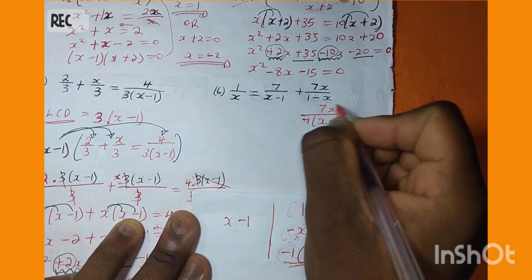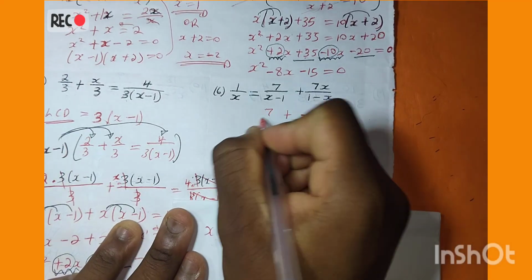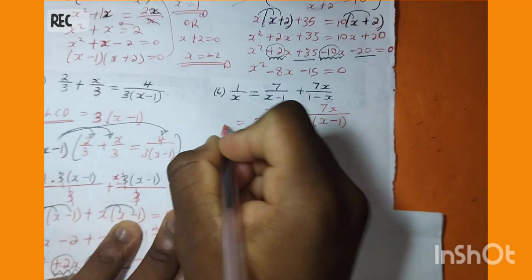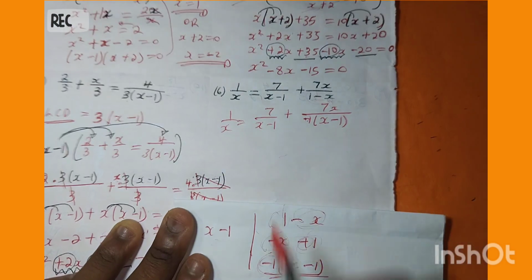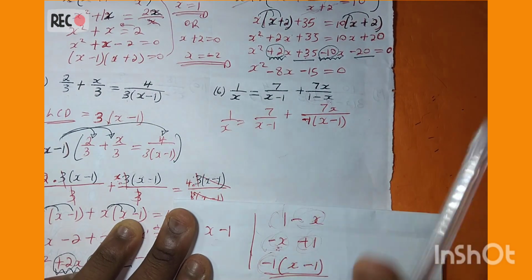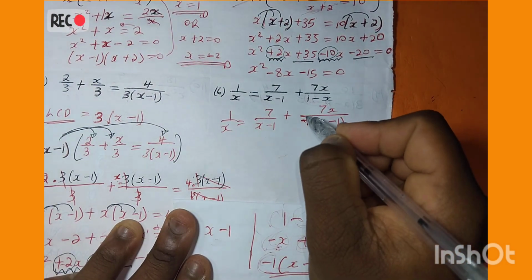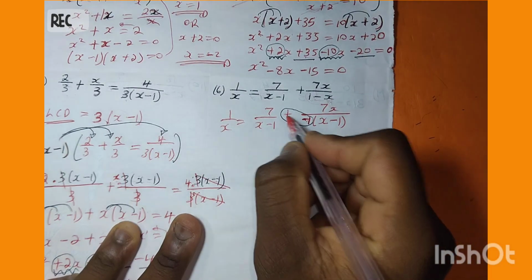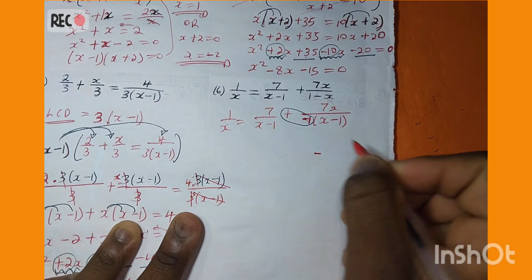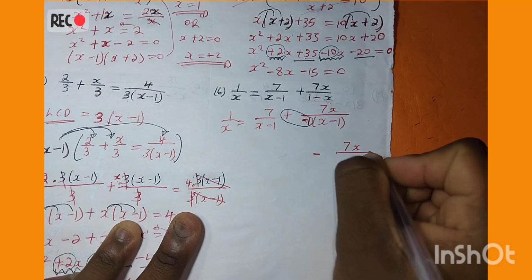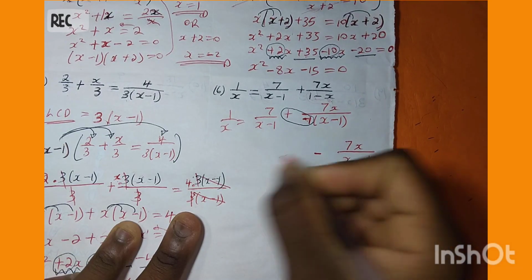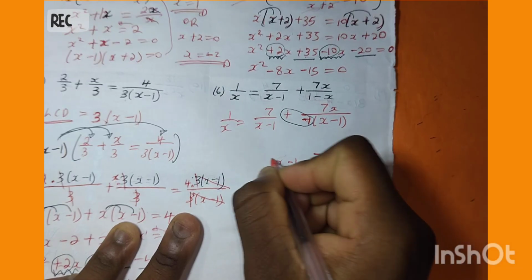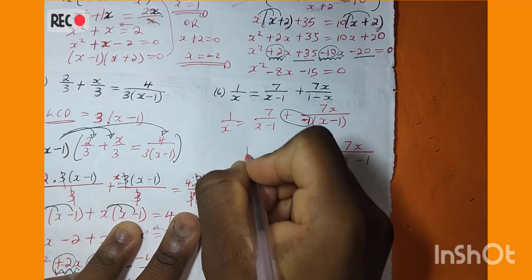Here it's 7 over x, and here it's 1 over 7x. These signs will get multiplied with that one there. And when they multiply different signs, they give you negative there, which is 7 divided by x minus 1, and here it's x minus 1 divided by 7, which is here 1 over what?